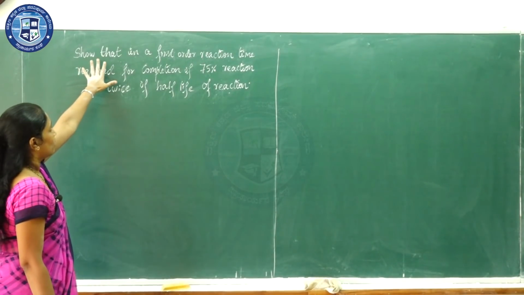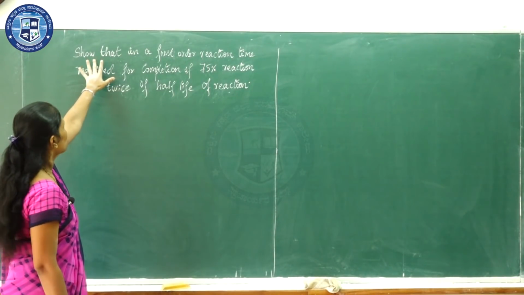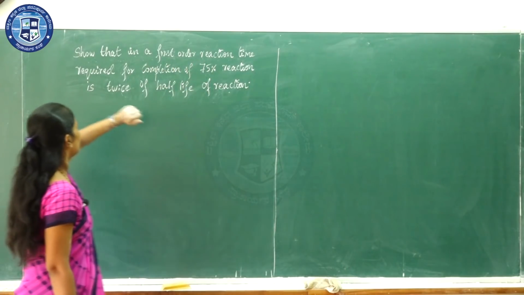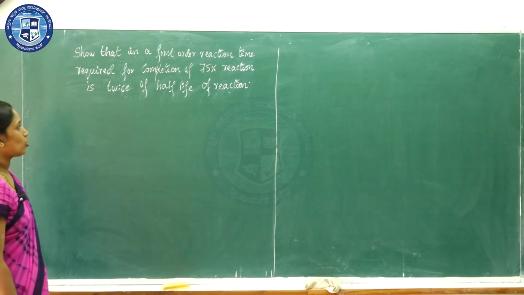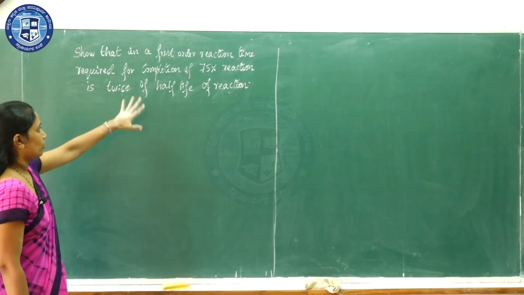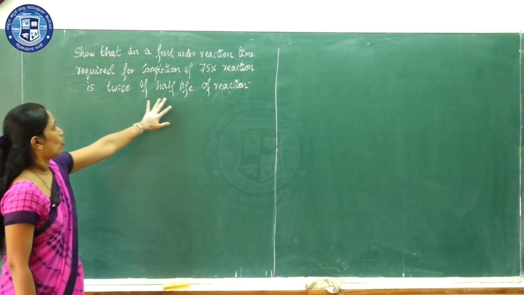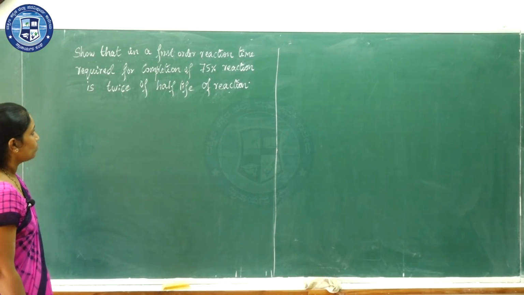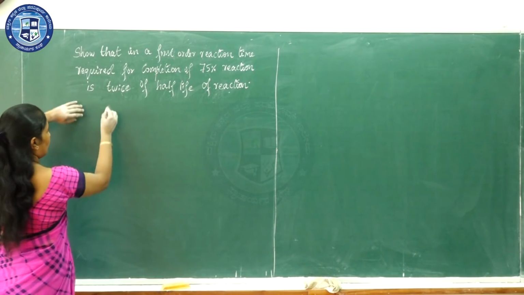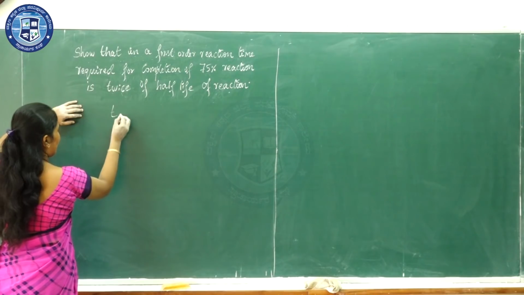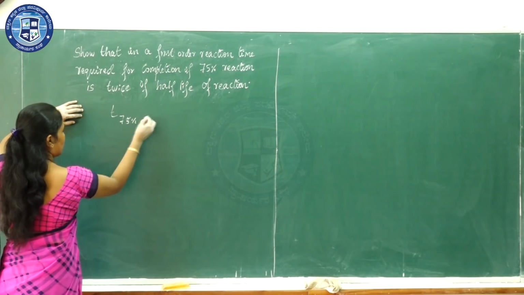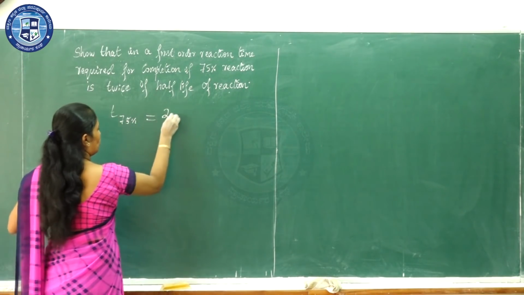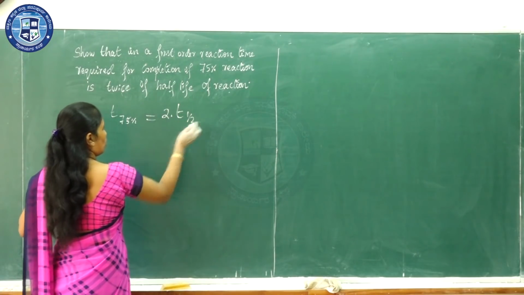See here, the next problem is to show that in a first order reaction, the time required for the completion of 75% of the reaction is twice that of the half life of the reaction. We can write this as T 75% is equal to 2 into T half.